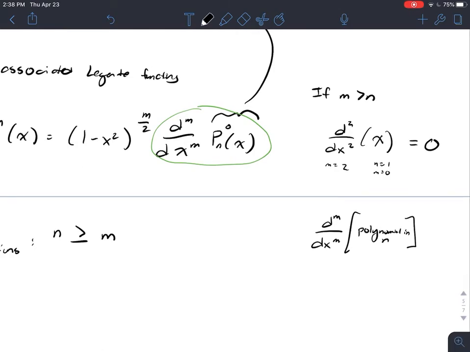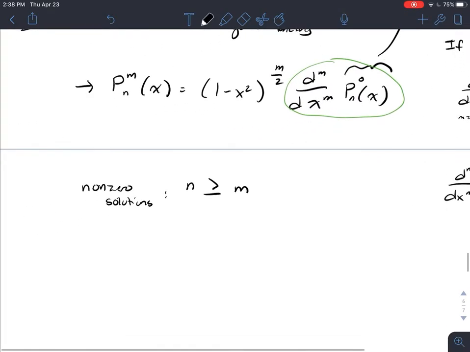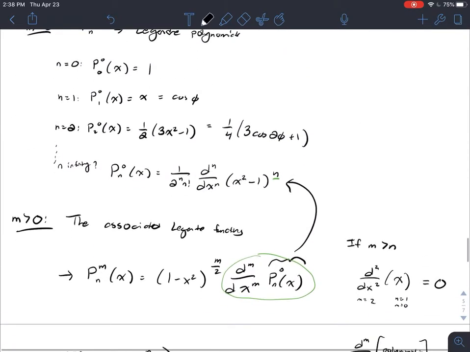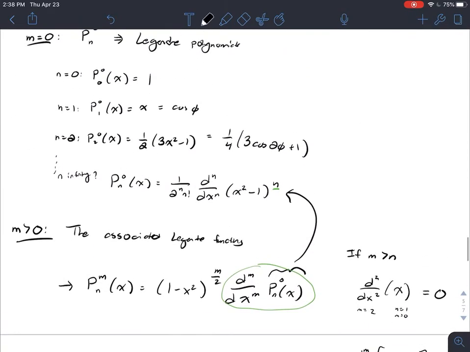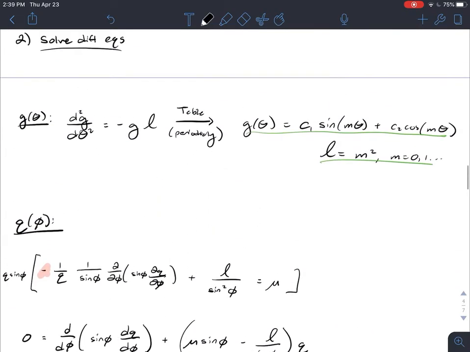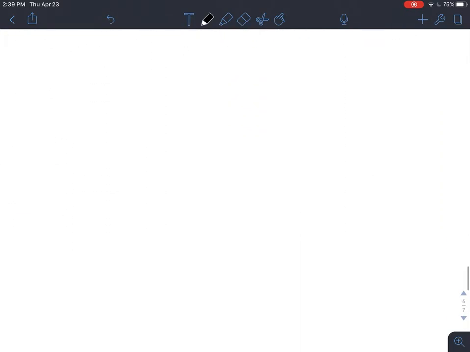To repeat myself, if m is greater than n, we're taking a higher order derivative than the highest power in the polynomial, so the polynomial just becomes 0. So that's a restriction we're going to have in our summation for our general solution. This basically solves out the phi dependency. Now that we've solved for g of theta and q of phi, we can solve for f of rho.